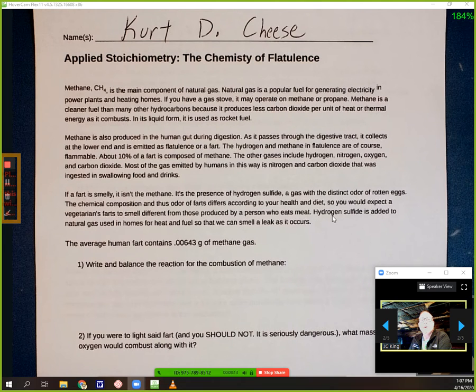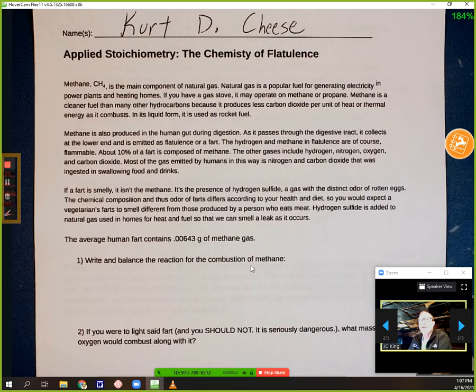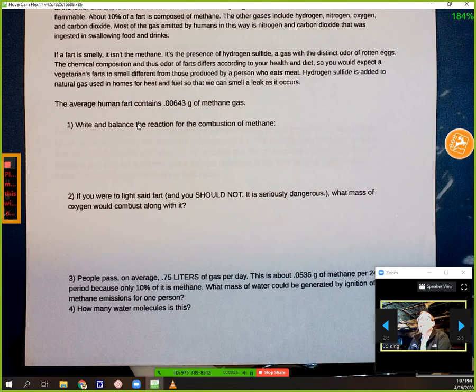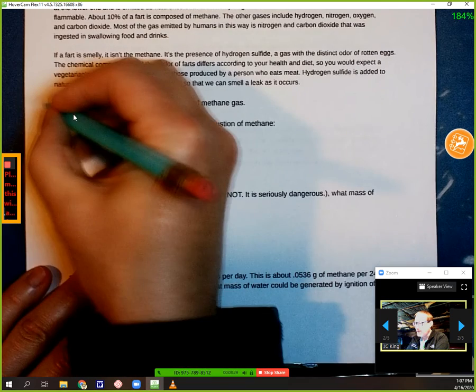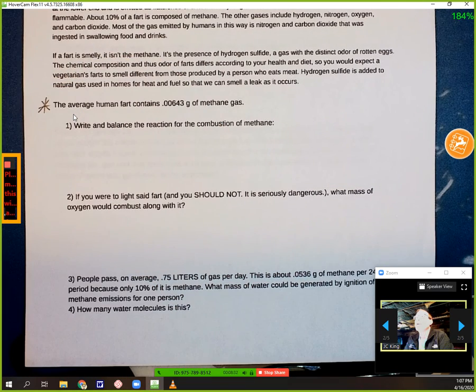And so, you know, everybody does it. It's nothing to be ashamed of. It's one of the funnier things about being a human being, in my opinion. But the important bit we're going to start with here is this fact that the average human fart contains about 0.00643 grams of methane gas.